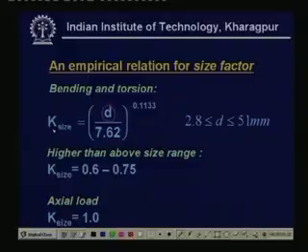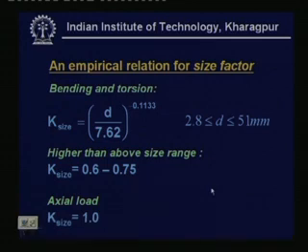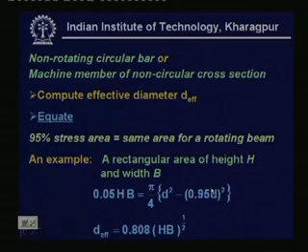In such cases, a size factor is still present. That means whenever we have a machine member of non-circular cross section or non-rotating type, we have to think of the size factor in a slightly different way. Fortunately, there are means for achieving such a size factor for those cases.